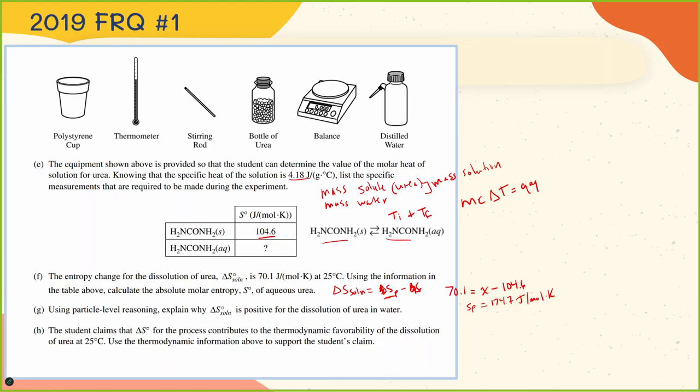A student claims that delta S for the process contributes to the thermodynamic favorability of the dissolution of urea at 25 degrees. Use the thermodynamic information above to support your claim here. Well, it definitely has a positive entropy, and since we're dissolving it from a solid to aqueous, that's an increase in entropy.